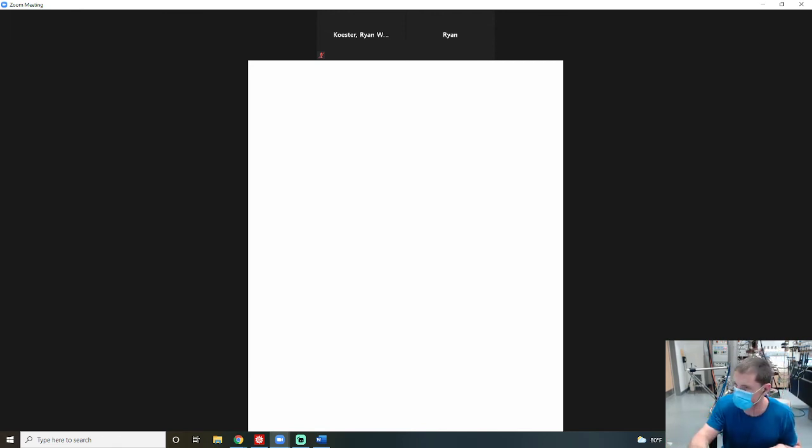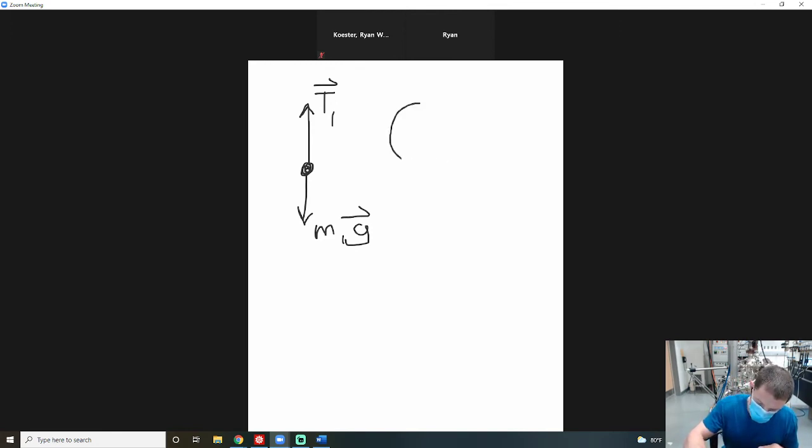So for the block M1, the free body diagram is just going to look like this. For the pulley, the diagram will look like this.